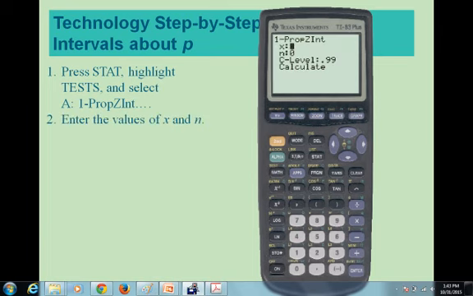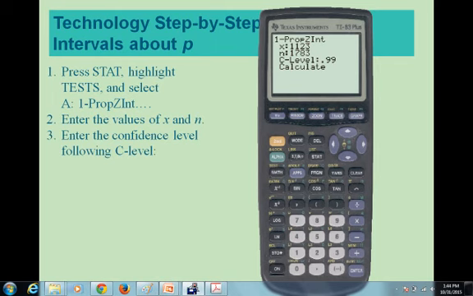We want to enter the values we had for x and n. So x is going to be our smaller number, and that was our 1123. And then n is the larger number. So from our last example, that was 1783.